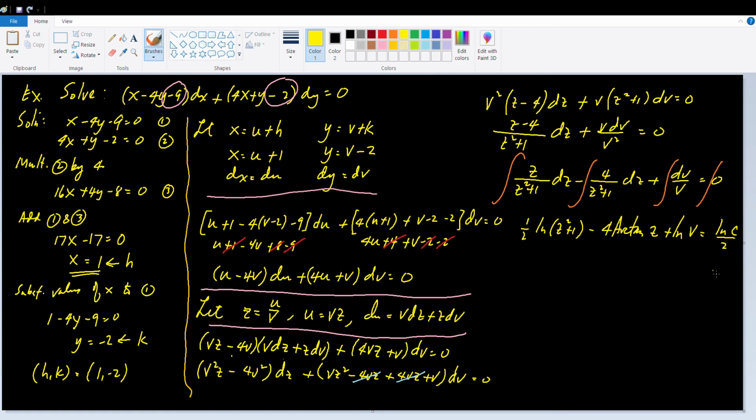Okay, let me make it negative so that when I transpose it to the left, it becomes positive. Okay, so let me multiply everything first by 2. So it becomes ln of c squared plus 1 minus 8 arctangent of c plus 2 ln of v plus, I'm transposing it now, ln of c equal to 0.